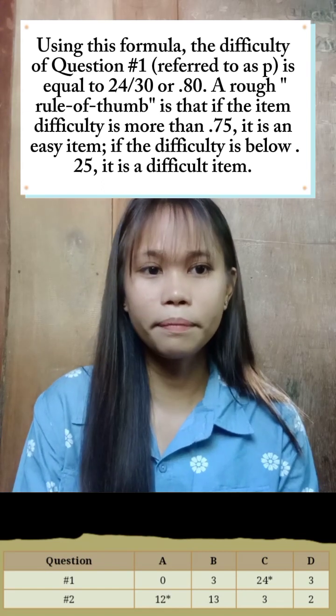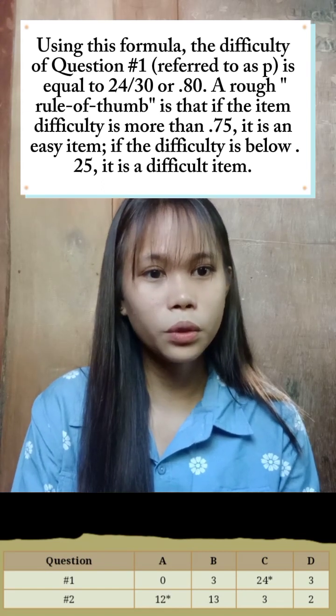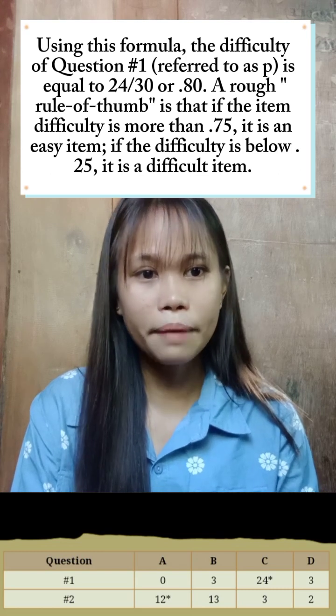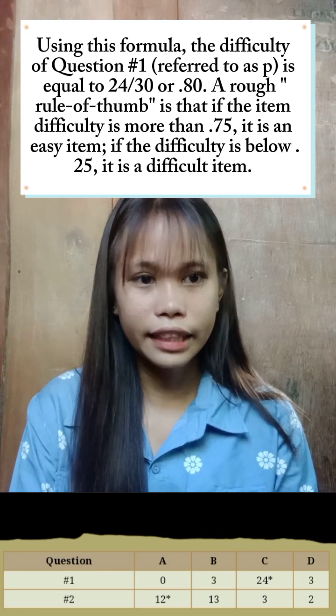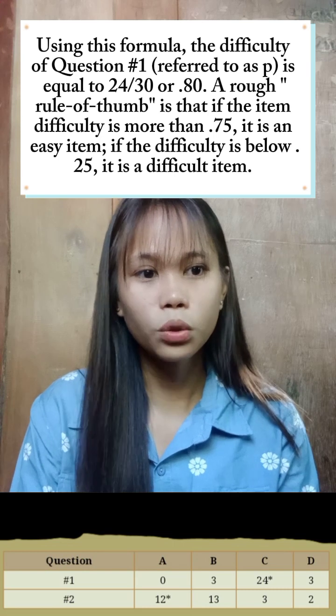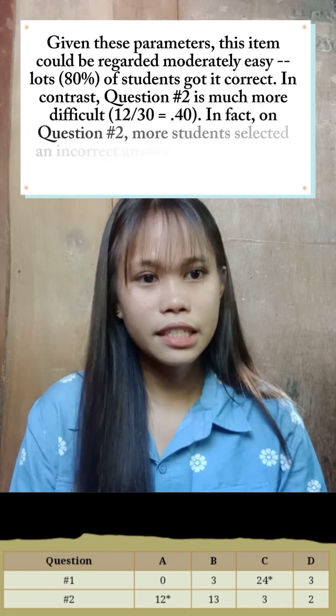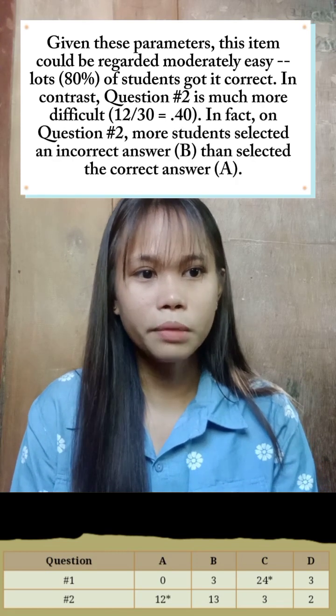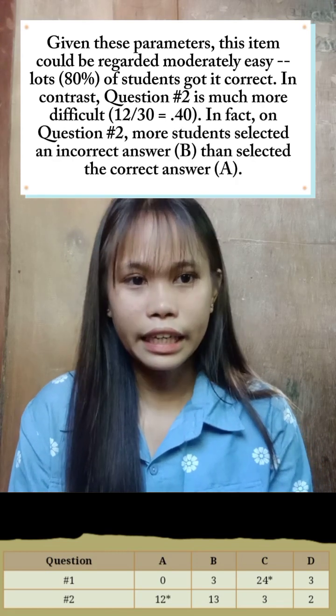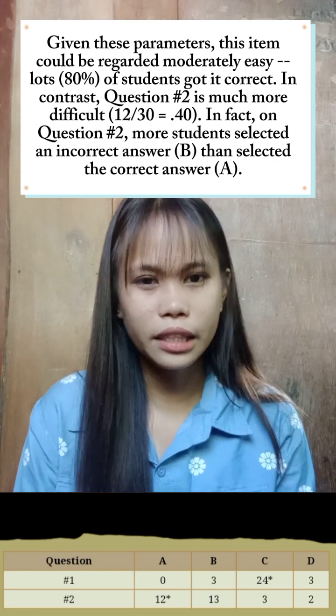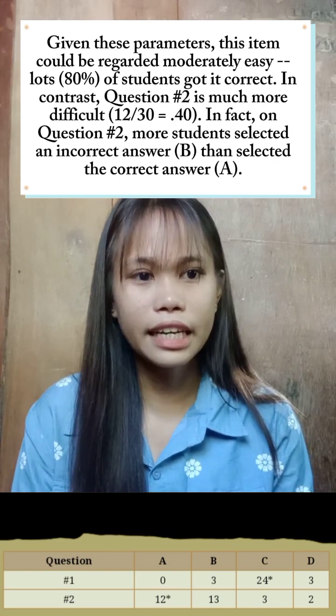The rule of thumb is that if the item difficulty is more than 75%, it is an easy item. If the difficulty is below 25%, it is a difficult item. Given these parameters, this item could be regarded as moderately easy. Lots of students, 80%, got it correct.